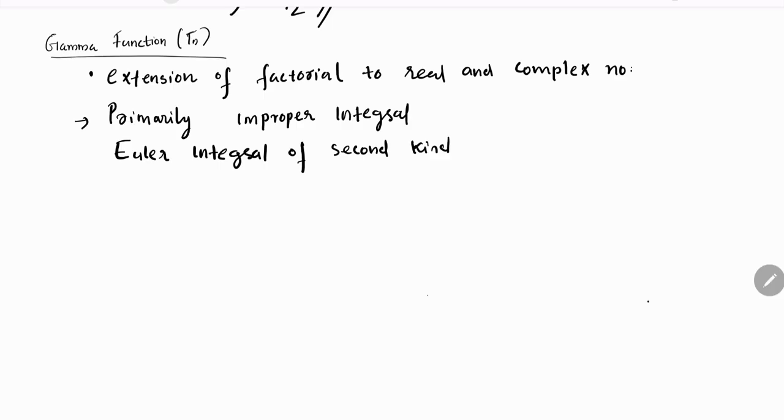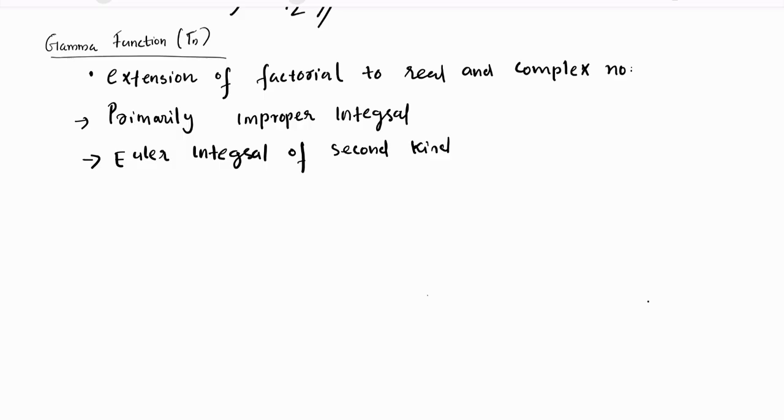So the gamma function is an extension of factorial to real and complex numbers. We want to know about factorial for real and complex numbers. So this is primarily an improper integral. Here we are connecting factorial with the integral.